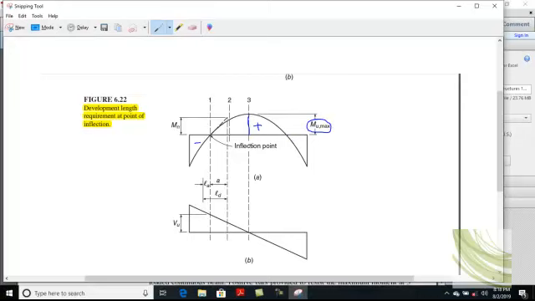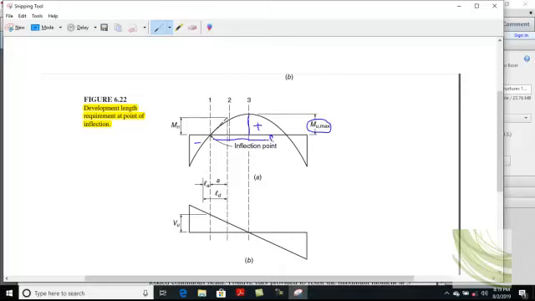Now from point 3, you have to provide LD. If you are providing steel bars to support this maximum moment, you have to extend the bars, or embed the bars into the concrete, on both sides by a distance equal to LD.